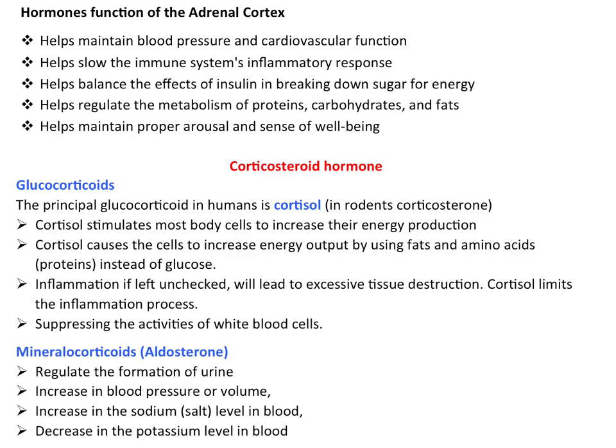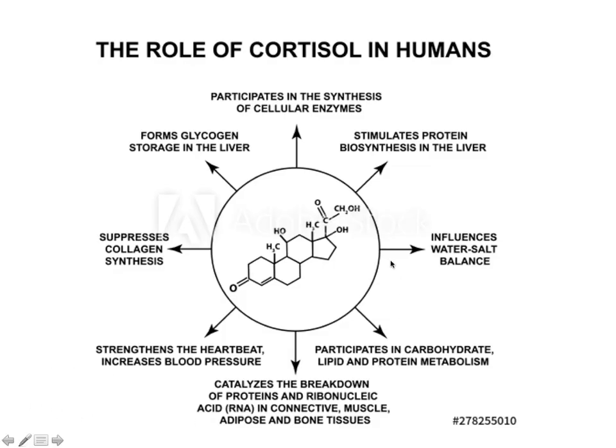Now in this figure, you can see the structure of cortisol in the middle, and the various roles of cortisol in humans. So here you can see it can participate in the synthesis of cellular enzymes, stimulates protein biosynthesis in liver, it influences water salt balance in our body, it participates in carbohydrate, lipid and protein metabolism as well.